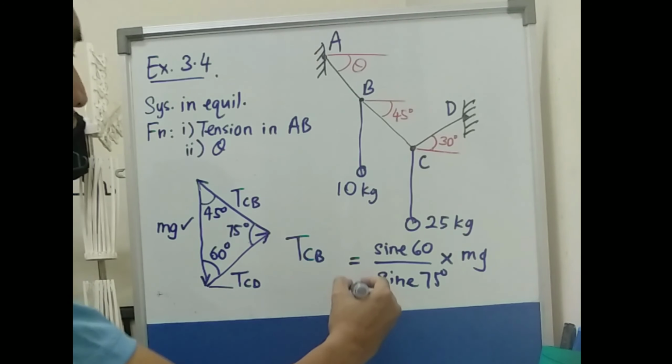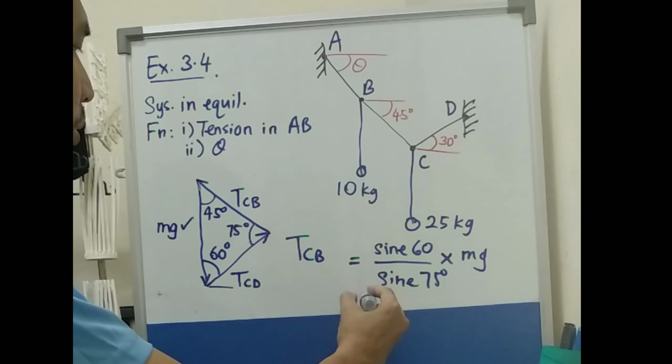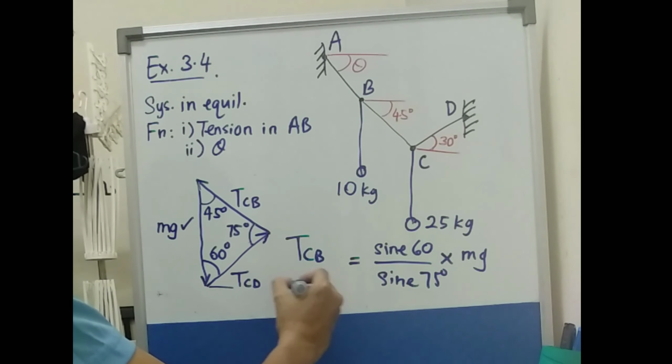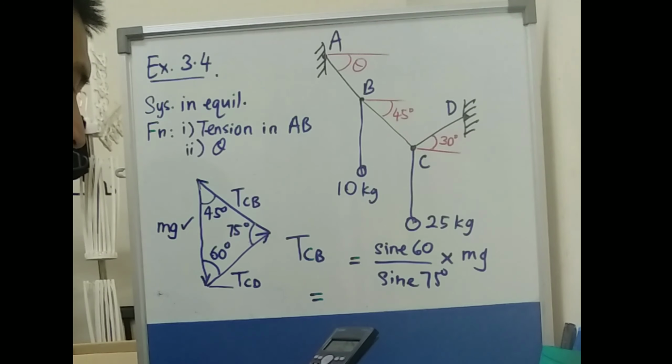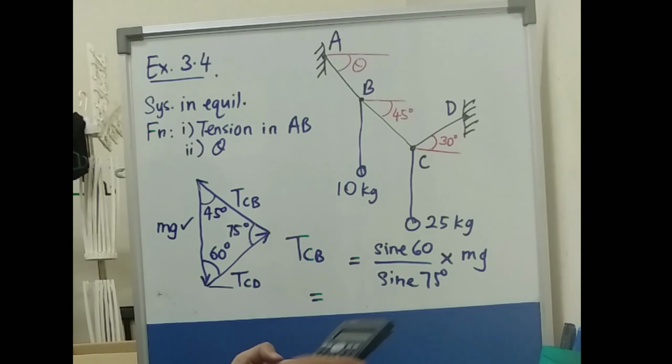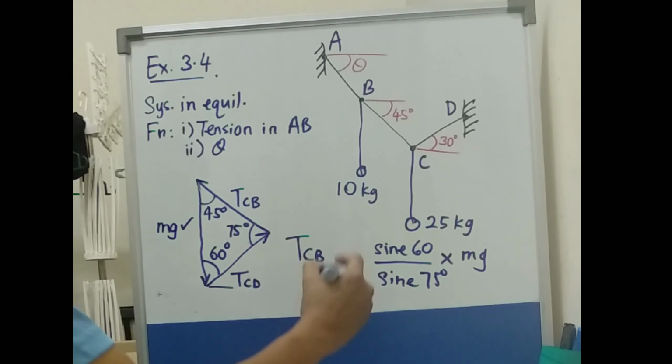You will have TCB equal to sine 60 divided by sine 75, times mg, 25 times 9.81, which gives 219.89.